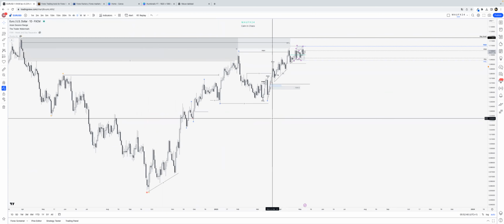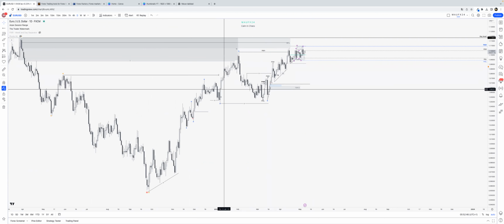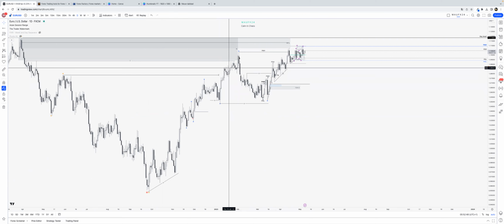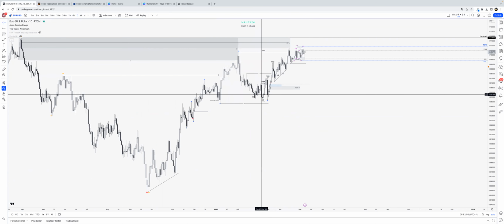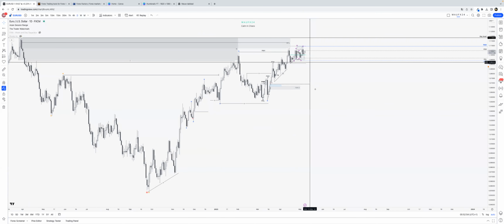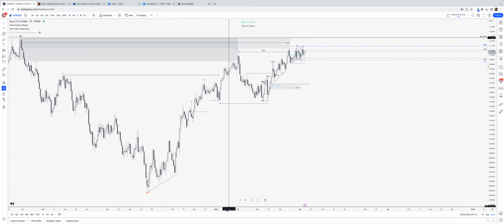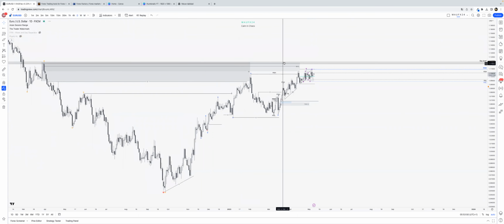We're focusing on that for now. Also noticeable is that this was pretty impulsive price action until here, and then price became more correctional. So then we also know that we are above all the highs.